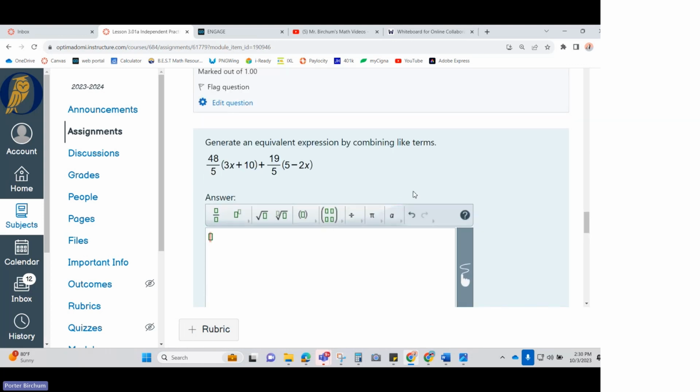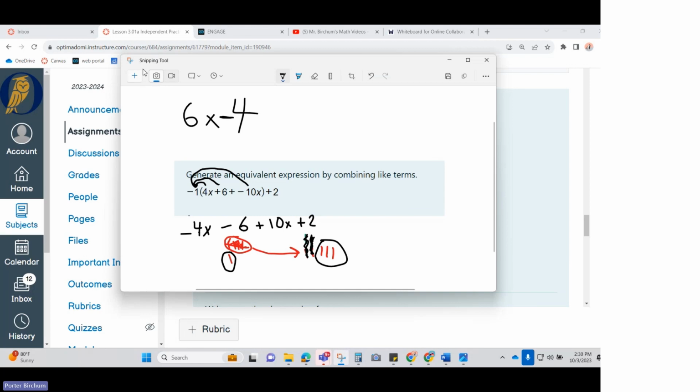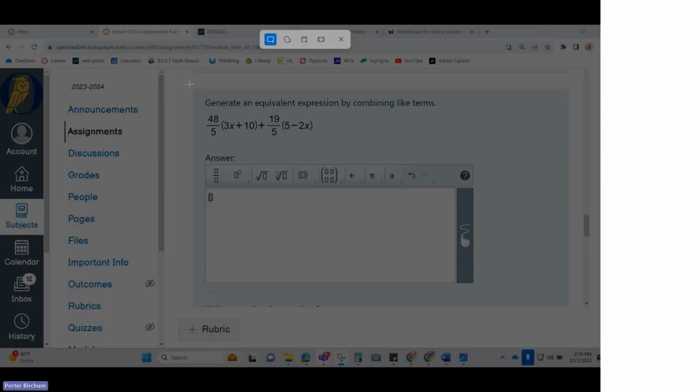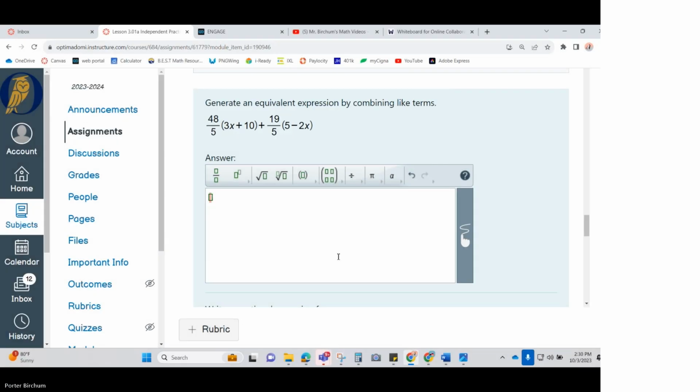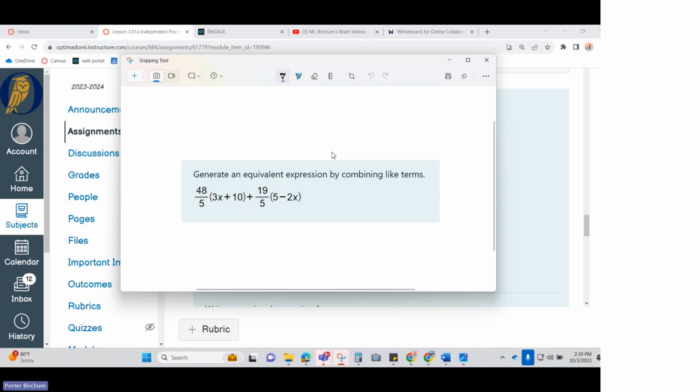Sweet. Okay, question 5. Uh-oh, looking a little scary with the distributing. Okay, but we can do it. We can distribute. I believe in us. So, let's distribute.